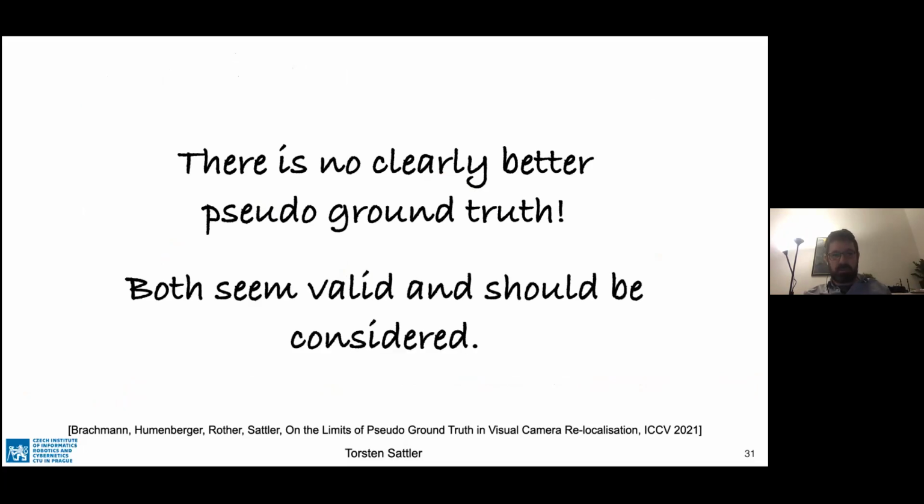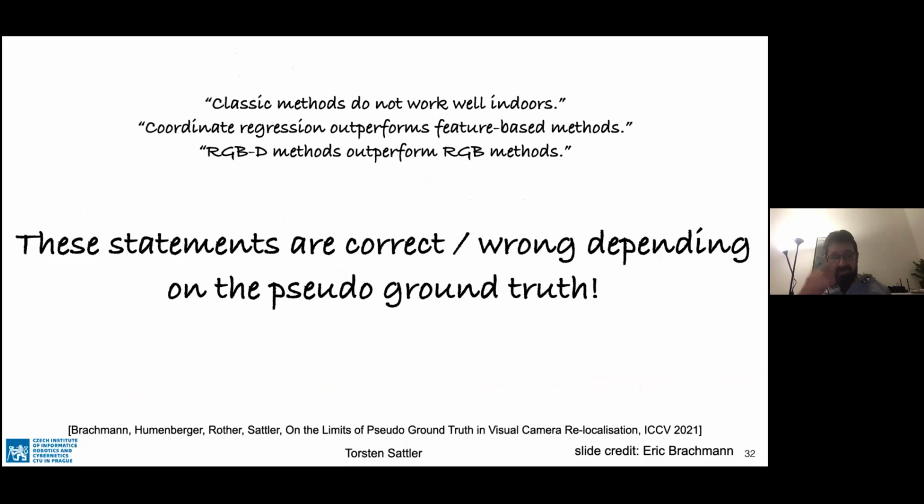Both should be considered. And I'm not going to go into comparisons here, but what we essentially showed is that all these statements, classical methods do not work well indoors, coordinate regression outperforms feature-based methods, depth-based methods outperform color-based methods, are correct or wrong depending on which pseudo ground truths you choose, to the degree that we could completely or nearly completely invert rankings if we chose a different pseudo ground truth.